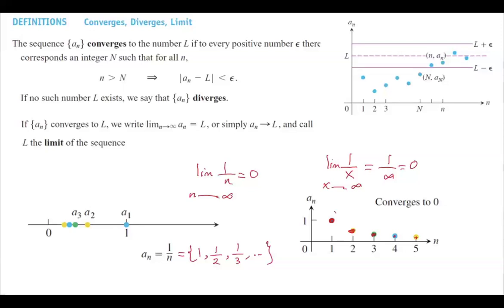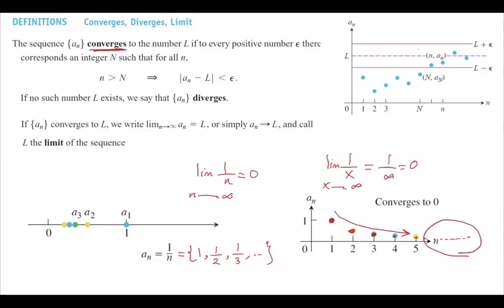1 over infinity is equal to 0, so we expect the limit to be 0. And you see the behavior. This sequence is decreasing, and if you continue plugging different values, you get your y value to be 0. So it's an example of a convergent sequence. It's all about the end behavior of your sequence.